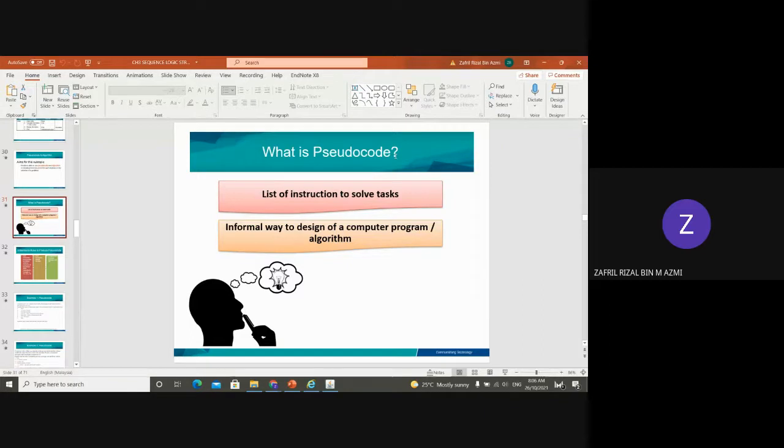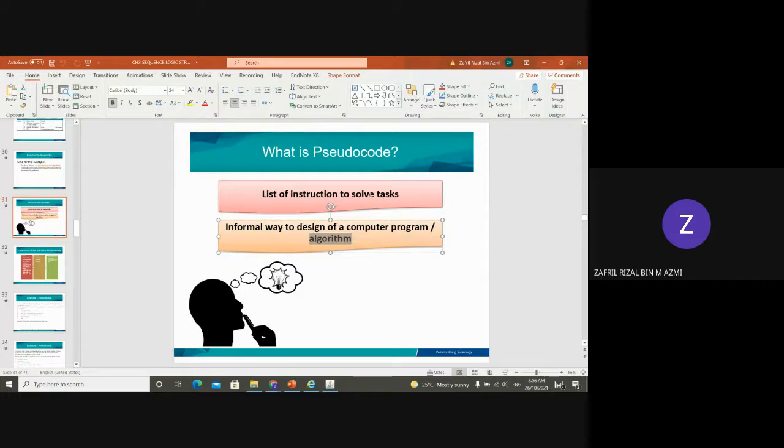But in this class, we use pseudocode to represent the design of our program in an informal way. If it is a formal way of representing the computer design, we use algorithm. That's why over here it is an informal way to explain the algorithms.